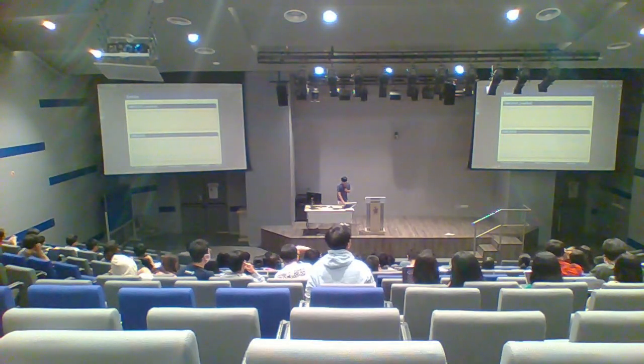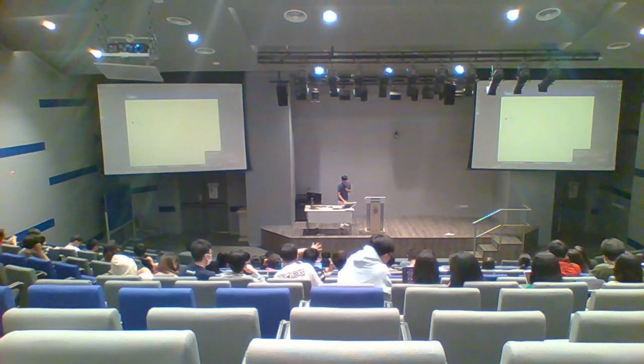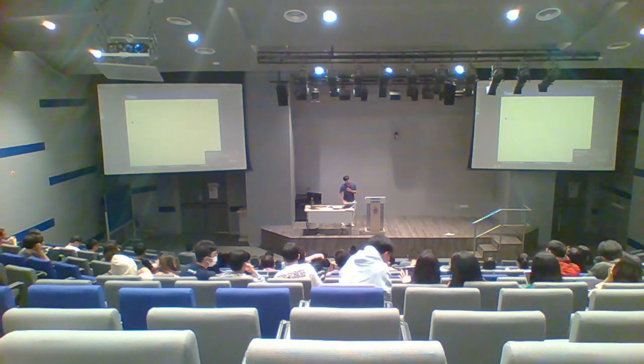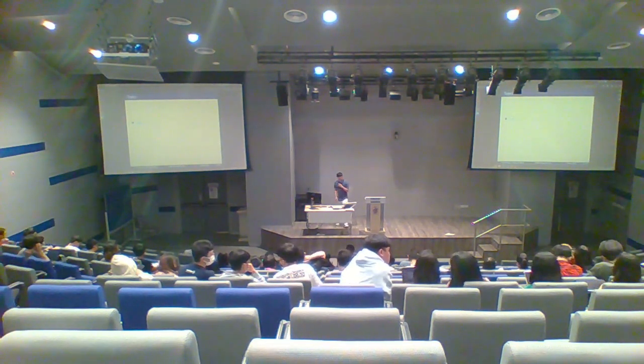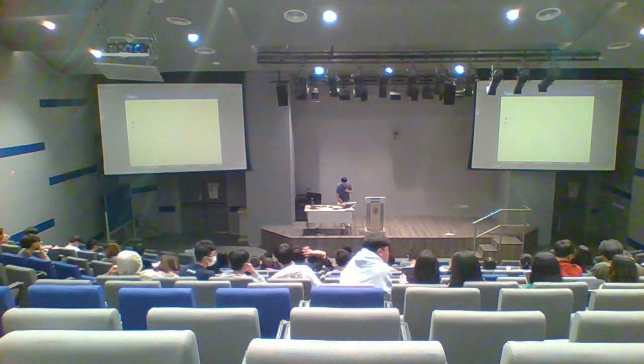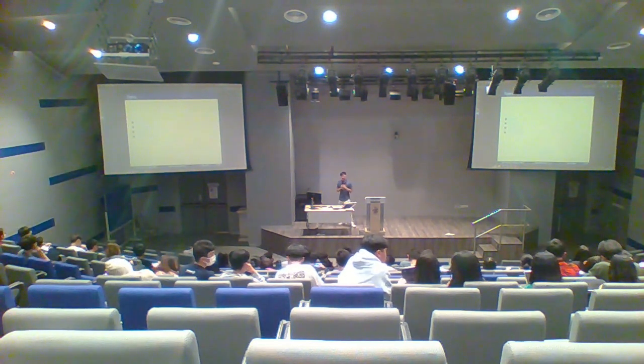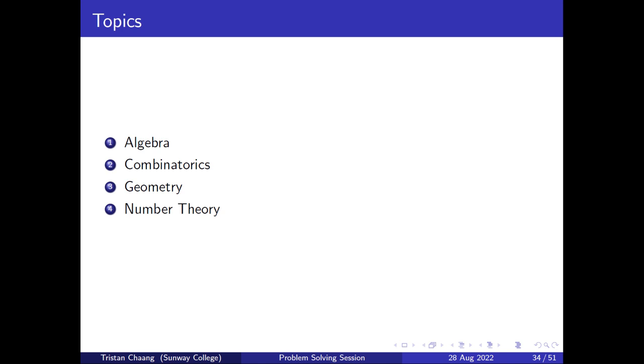Okay, now let's go specific into the topics. So in Olympiad, there are 4 different topics, or at least that's how the IMO classifies it. So there's algebra, combinatorics, geometry, and number theory. Just now, our examples are kind of a mix of all 4 of them.